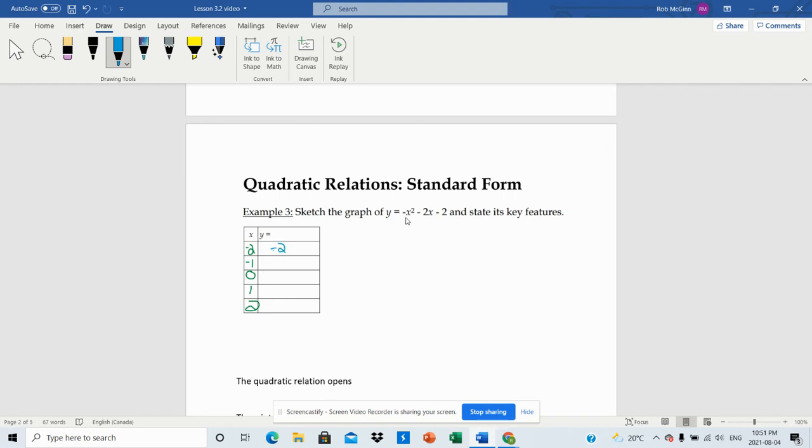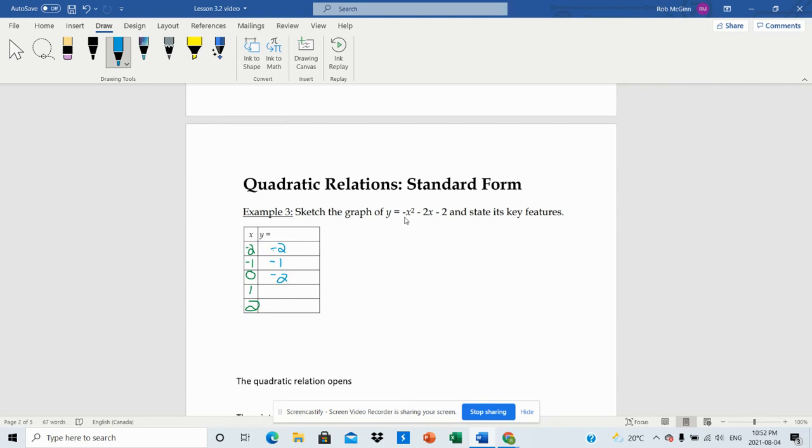If we sub minus 1 in for x, minus 1 squared is 1, times minus 1 is minus 1. Minus 2 times minus 1 is positive 2. So 2 minus 1 is 1, and minus 2 is going to be minus 1. When we sub in 0 for x, y is going to be negative 2.